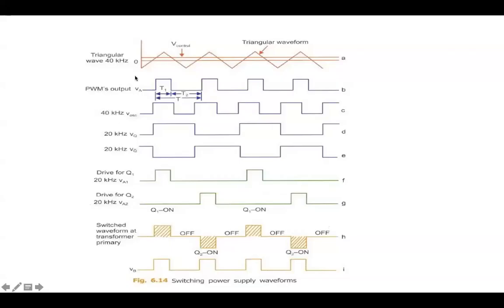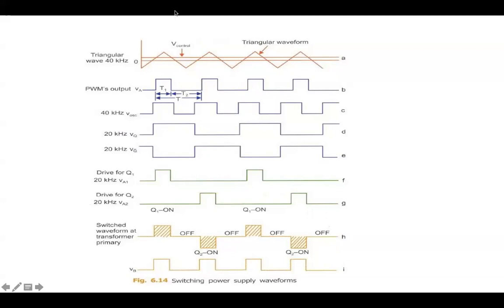So D is here. D into B is actually giving me F. So you can see at this point when it's on, and here it's off at this point, so it's off. I think you're able to understand it, isn't it? Right, you're able to understand, right? Yes, sir.